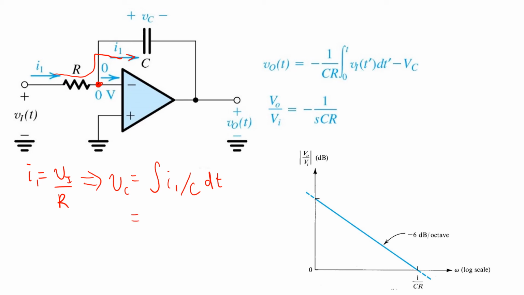Substituting in for I1, we've got VC being the time integral of the input voltage. So the output voltage is simply negative VC.